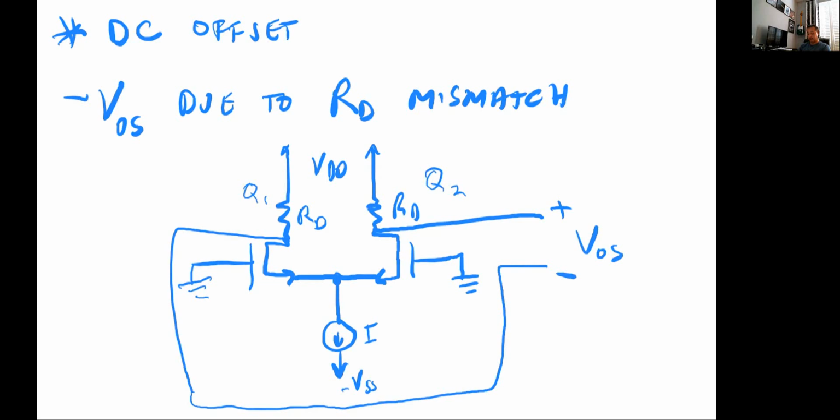But it's not in the non-ideal world that the RDs are mismatched, and later we're going to see, just like we did before for the common mode rejection ratio, when the GMs are not matched. So those two, the main mismatches of transistors, are going to contribute to us having a non-zero differential output at the output of the differential pair, which then will be carried over all the way to the output of the op-amp. So that's what we're going to be discussing, based on this.